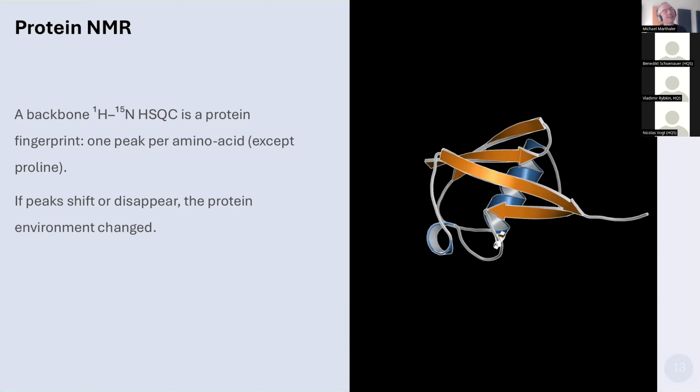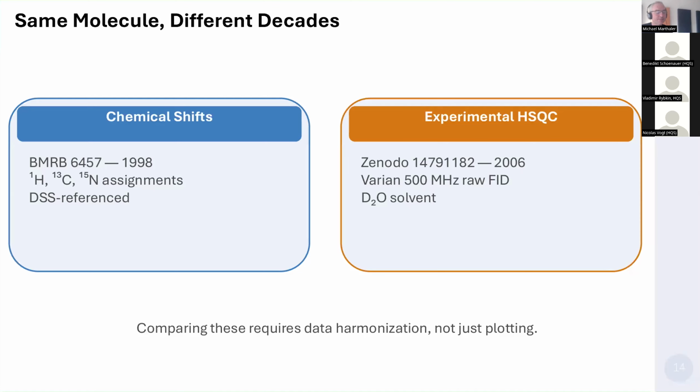That is why there are lots of techniques where you try to filter out specific parts of the couplings and the specific parts of the protons. So this is the type of data: the chemical shifts from BMRB, and the experimental HSQC.